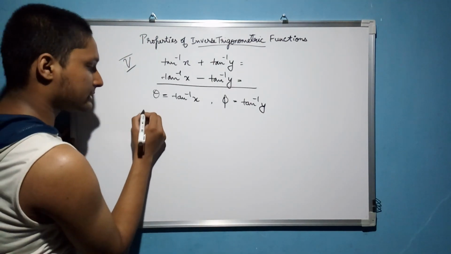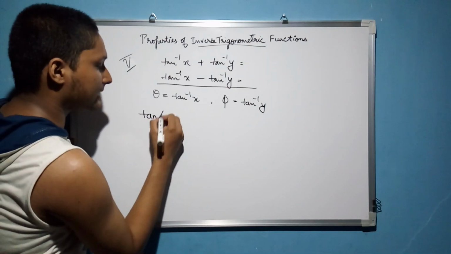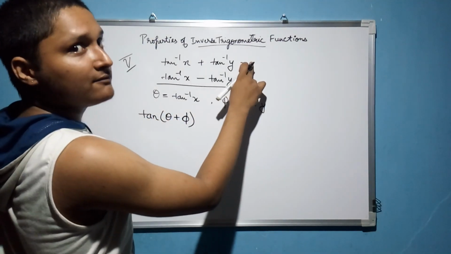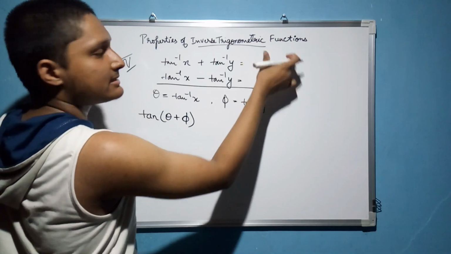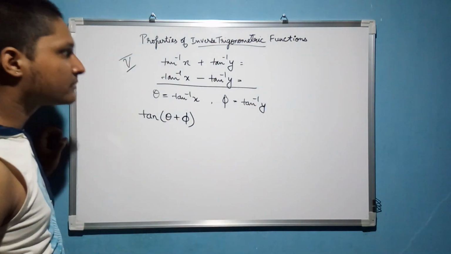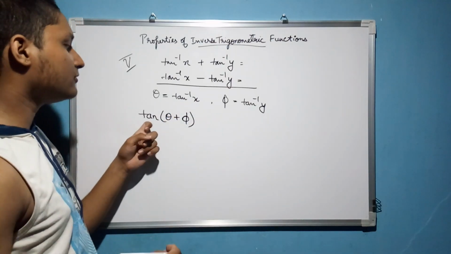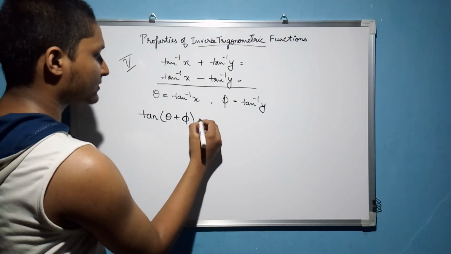Now the next step is you are asked to find the tan of theta plus phi, because at last you need a tan inverse, tan inverse inside the bracket. You need to get an expression based on which you are going to calculate tan inverse x plus tan inverse y. So tan of theta plus phi is equal to how much?